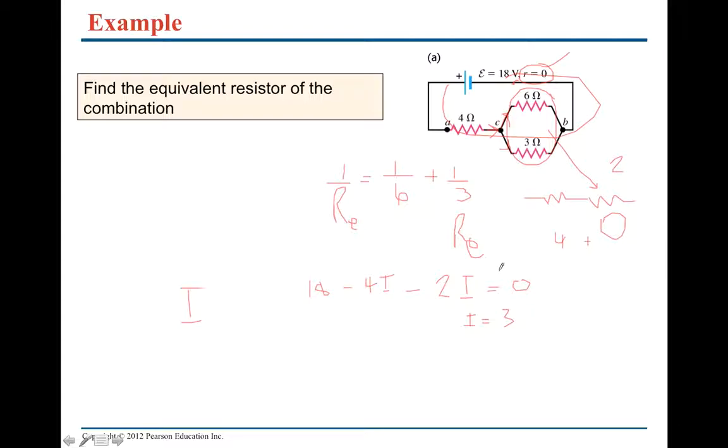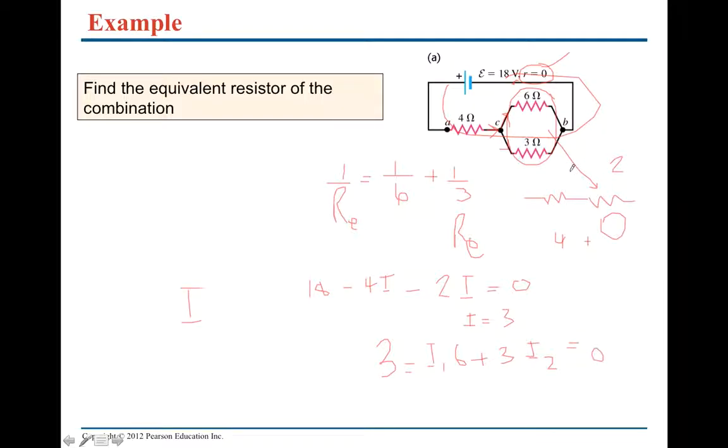Since this resistor is double this one, and V is equal to IR with the same V, I1 times 6 plus 3 times I2 is equal to 0.